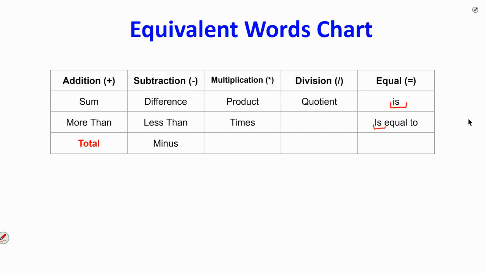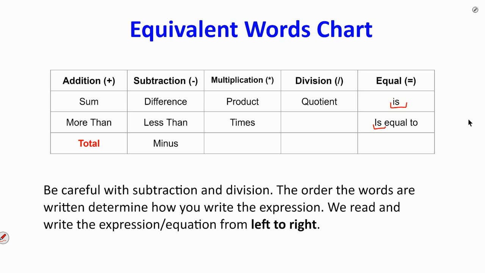Now, the ones I really want to give you a heads up on are subtraction and division. Be careful with those because the order the words are written determines how you write the expression. When we're talking about the difference of something or the quotient of something, it matters how you place them. For example, 4 minus 2 and 2 minus 4 are not equal to each other.